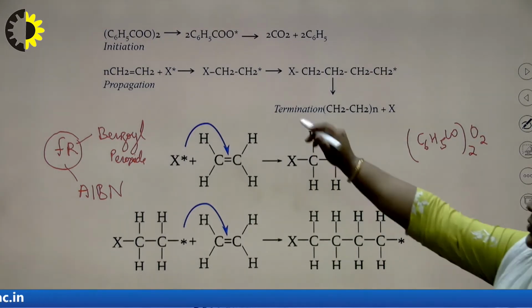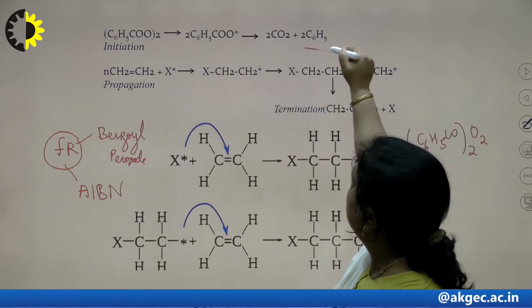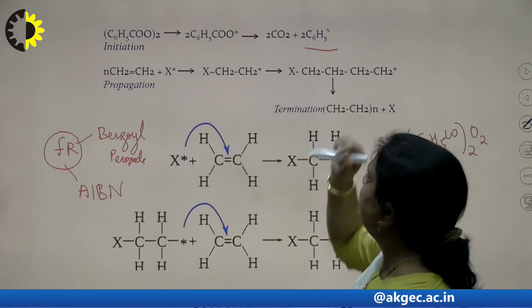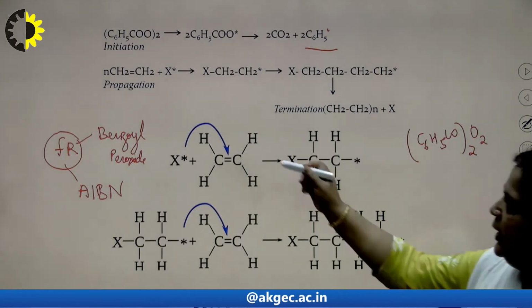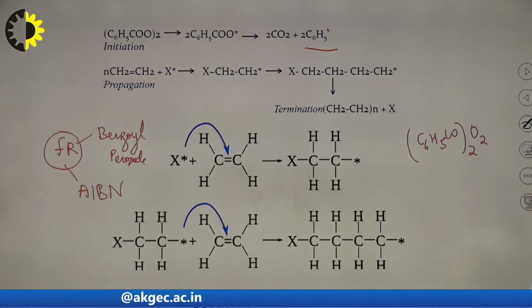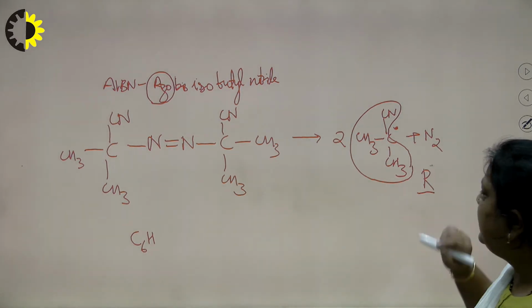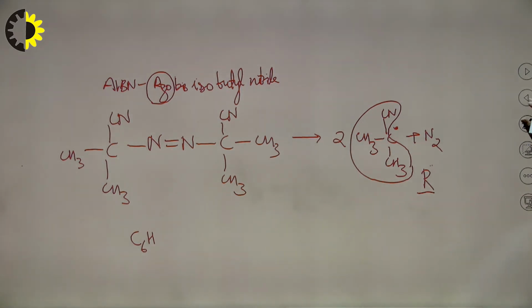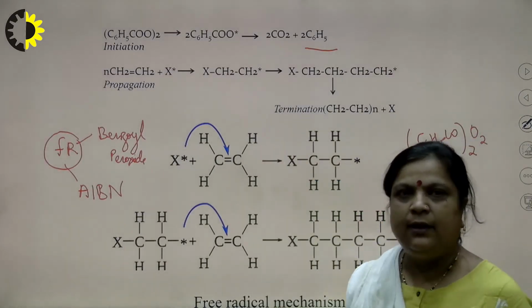In the presence of sunlight it gives 2 C6H5 radicals, and suppose I write this radical as X. So, there is X radical. Now, the first step of initiation is complete, that is, formation of the free radical. If we take AIBN, then R radical, and if we take benzoyl peroxide, then it is X radical.